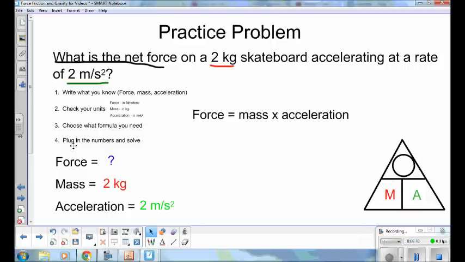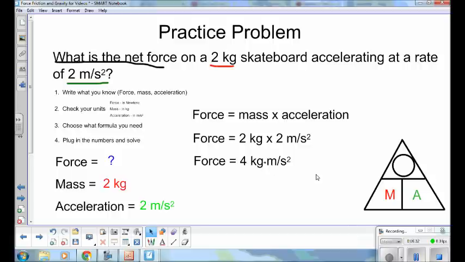Well, the next thing it tells me to do is just plug in my numbers. My mass is 2 kilograms, and my acceleration is 2 meters per second squared. So plugging those in, this is what I get. I'm going to go ahead and solve, and this is where things can get a little bit tricky. Force, if I look at my units right here, I've got kilograms times meters per second squared, and that's all really pretty ugly.